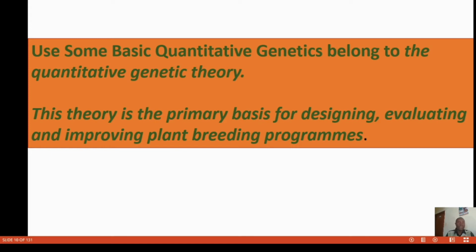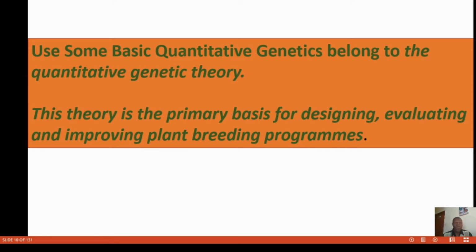And this quantitative genetics part of our interest belongs to the quantitative genetic theory. Quantitative genetic theory provides a basis for designing, evaluating, and improving plant breeding programs.